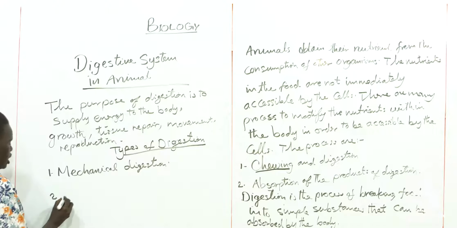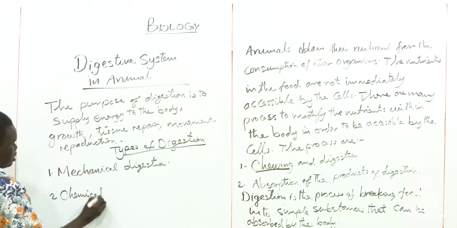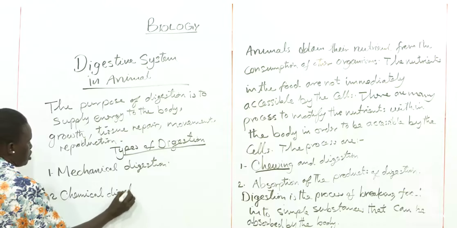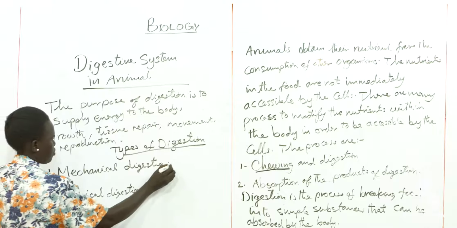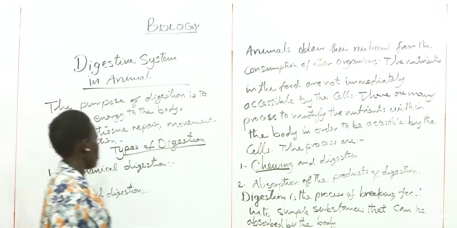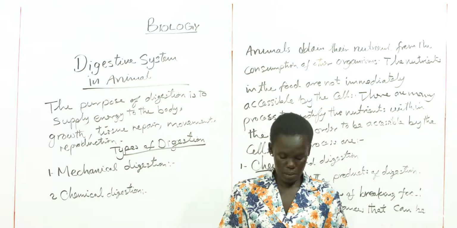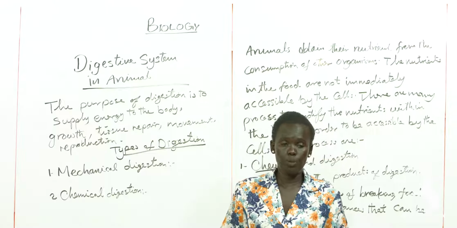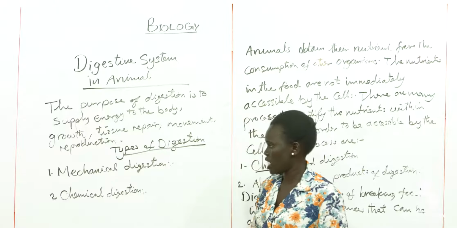Two, chemical digestion. That means there are two types by which we can break down our food. We can break it mechanically or physically. Mechanical or physical, the same.